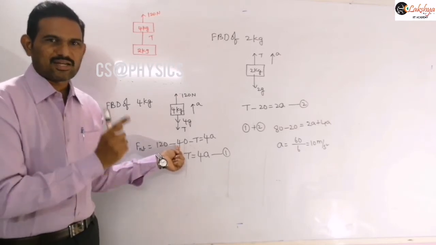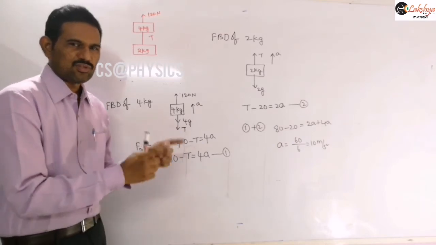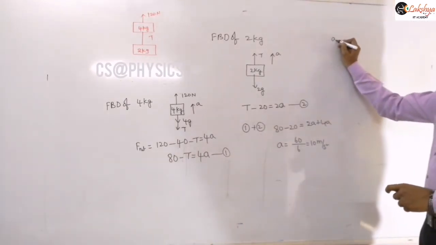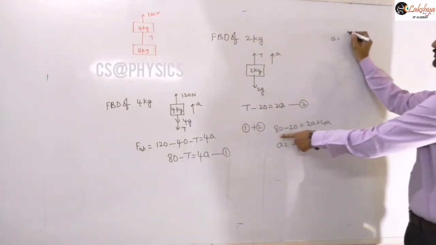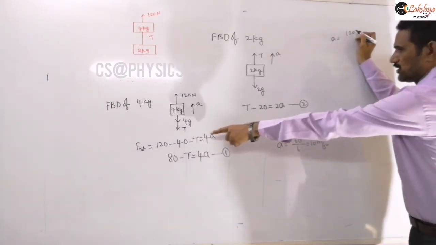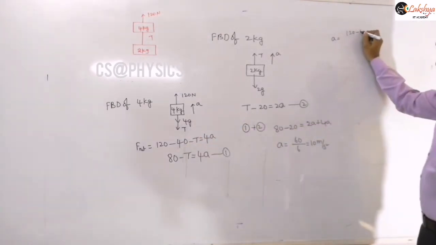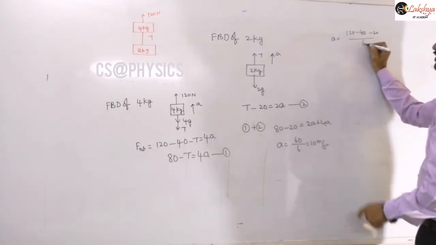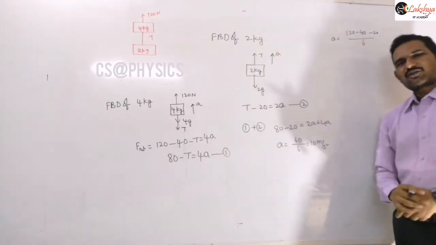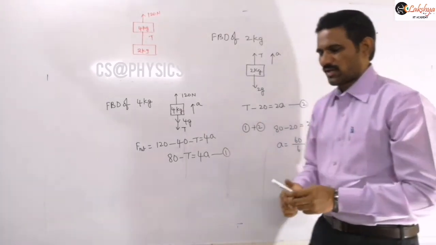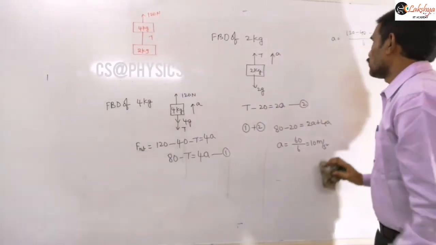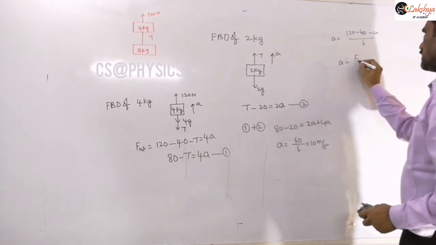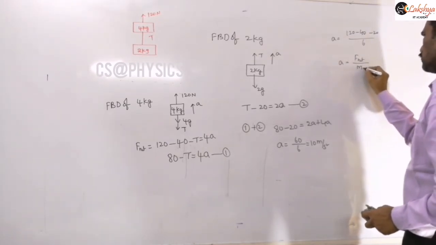So that is nothing but our direct formula for the acceleration. So our direct formula for this acceleration, we can still apply as F net by total mass in motion.